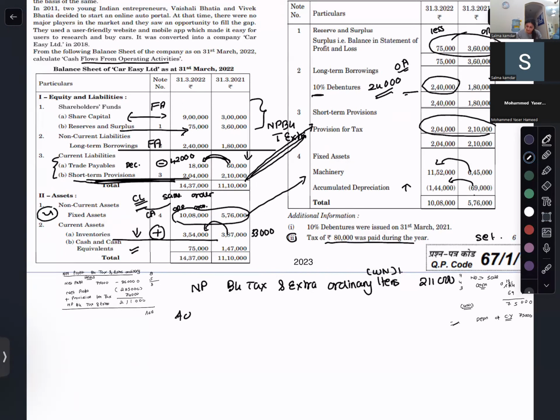Then what do we do? Add non-cash, non-operating expenses. The first one is the depreciation for the current year. We calculated it was 75,000. And interest on debentures, because this is a non-operating expense.